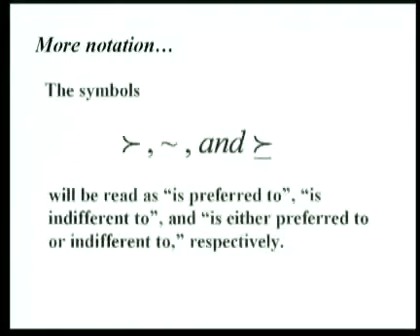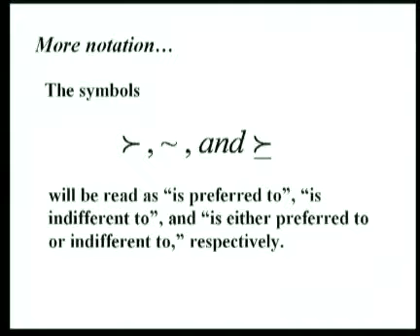Now some more notation. We want to introduce these symbols. These look like greater than, approximately equal to, and greater than or equal to, and they're very close to that. But the way we read them in the decision theoretic world is we'll read the greater than as is preferred to.